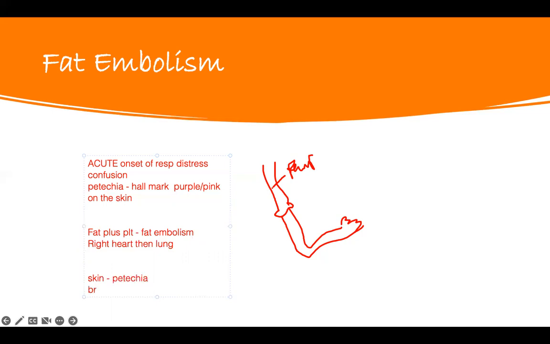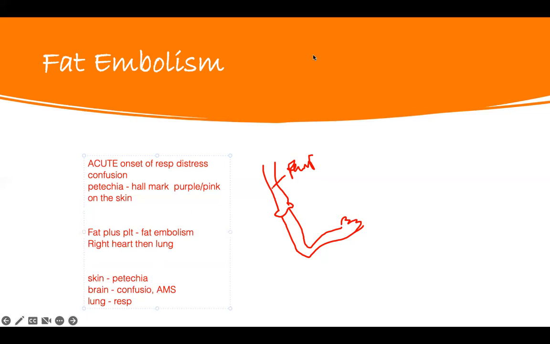It goes to the brain. The brain is where they have the confusion and acute change in mental status, and then it goes to your lung. This is what we worry about most of the time initially, the respiratory system. So that is the presentation.